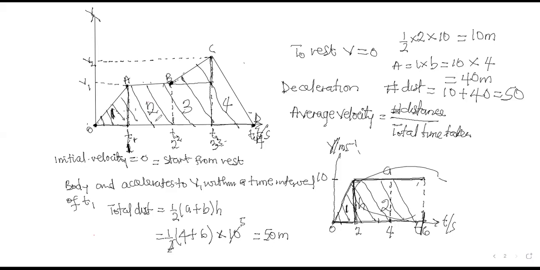So the best way out is to divide it into different shapes: 1, which is a triangle, 2, rectangle, 3, a trapezium, 4, a triangle. So if you have a shape that is not well defined or not clear, that is how you must do it to determine the total distance covered.